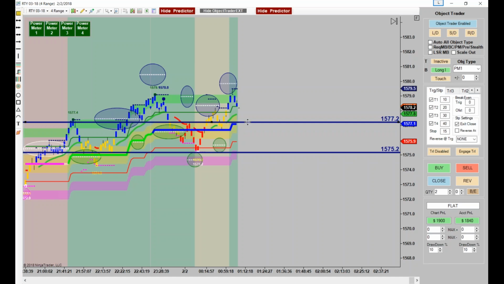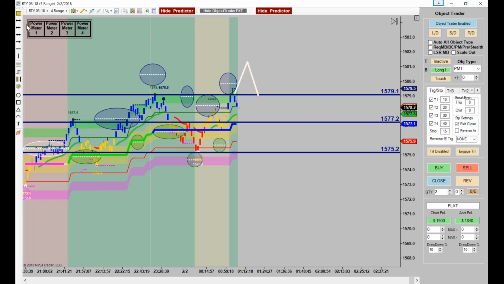Or if you were more of a conservative trader, you're going to draw a line. You're going to wait for it to break. You're going to wait for the pullback. And then you're going to take it. That's more of a not buying the thrust, so to speak. You would want to get the thrust, get the pullback, and then take it.